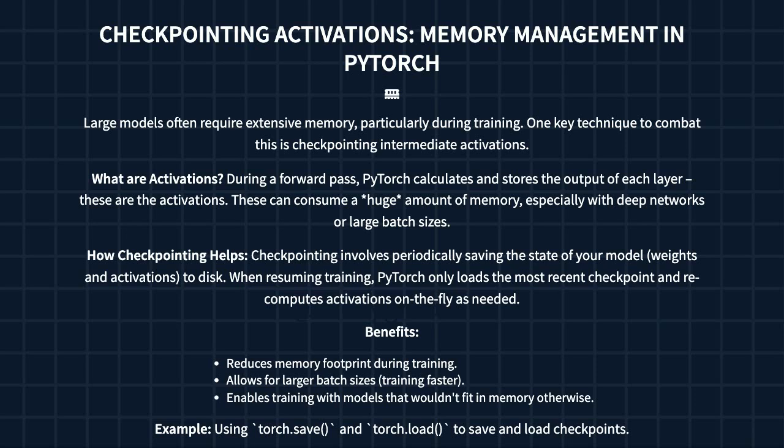It's essentially like taking snapshots of your model state, its weights, and those crucial intermediate activations and saving them to disk. When you resume training, PyTorch doesn't need to hold everything in memory all the time. It just loads the most recent snapshot and recalculates what's needed on the fly. This dramatically reduces the amount of RAM your model needs, letting you train larger models with bigger batches and ultimately speed up the whole process.